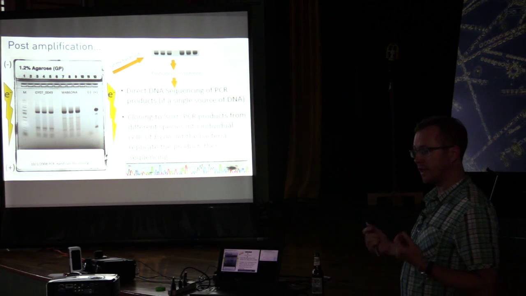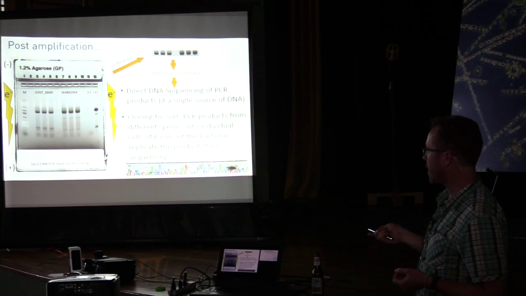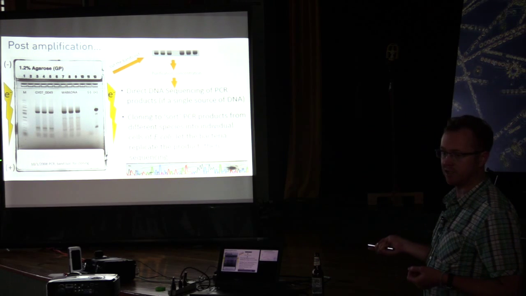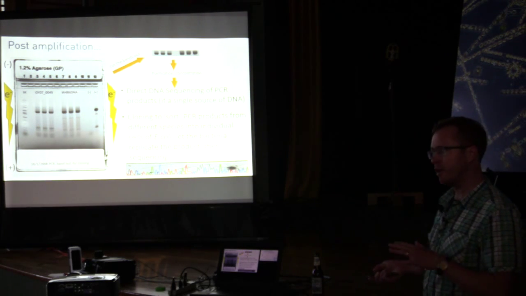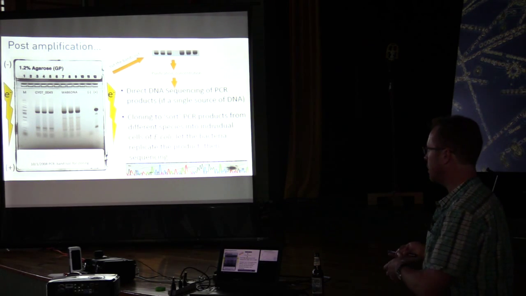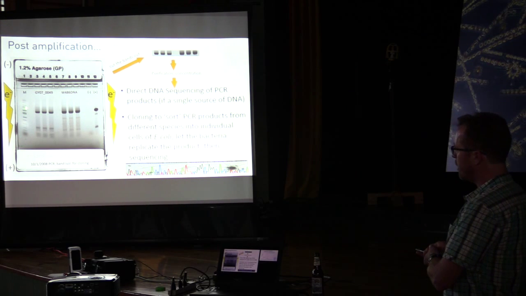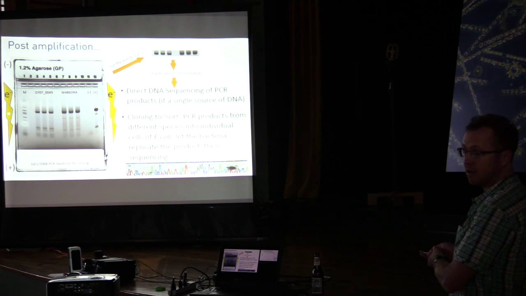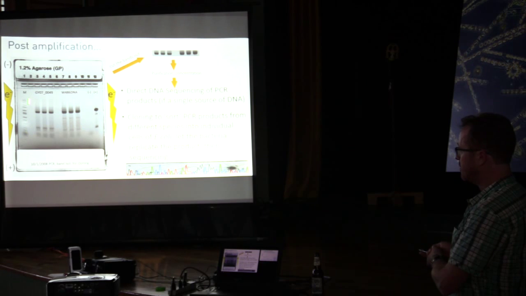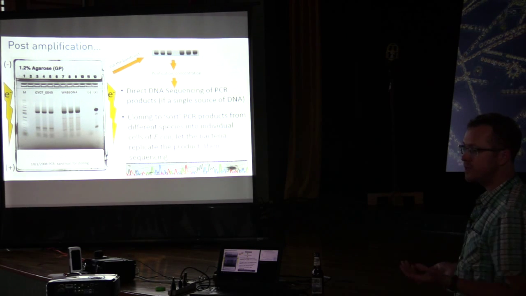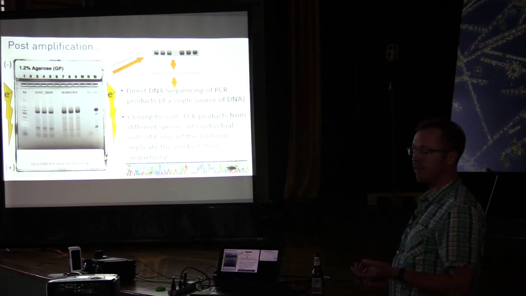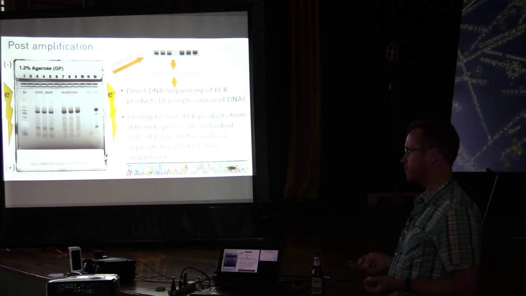We turn the electricity on, and the DNA migrates from the negative pole towards the positive pole. We run that for about 45 minutes to an hour, and we always load a DNA ladder. This is just a size standard. And we typically know how big of a PCR product we should expect.